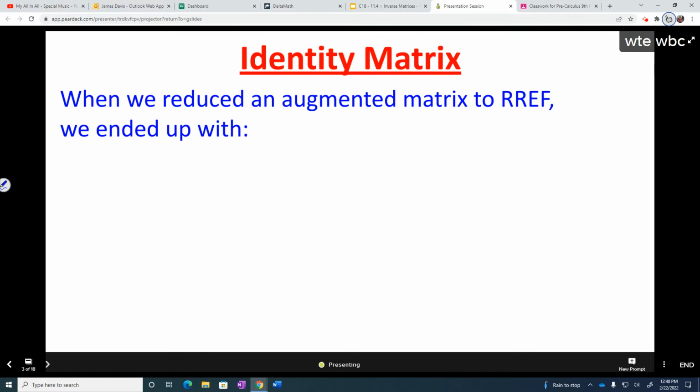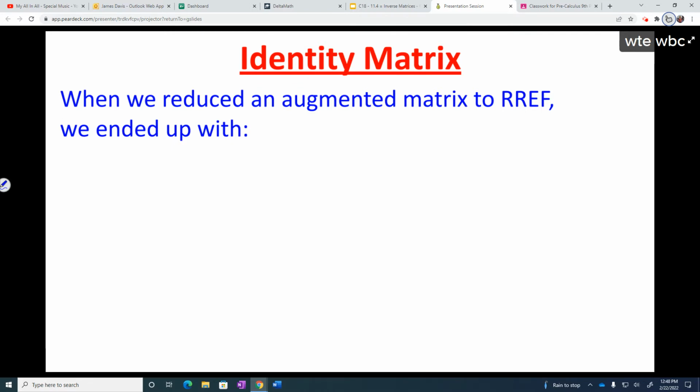The first thing, you don't need to write down the blue writing necessarily, but if we think about when we did reduced row echelon form with our augmented matrix, our goal was to get something like this, right? And then we have some numbers, like this.